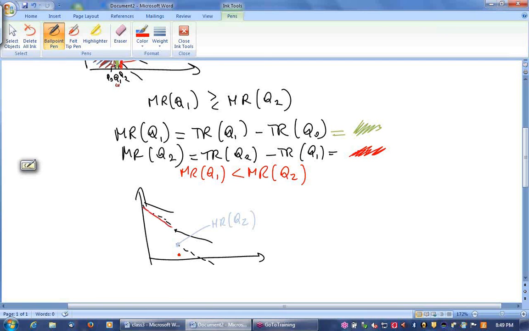So this part plus this point plus this part is the marginal revenue for the demand curve 1. Okay? Okay, so this is the answer, and how many of you understood it? Questions?